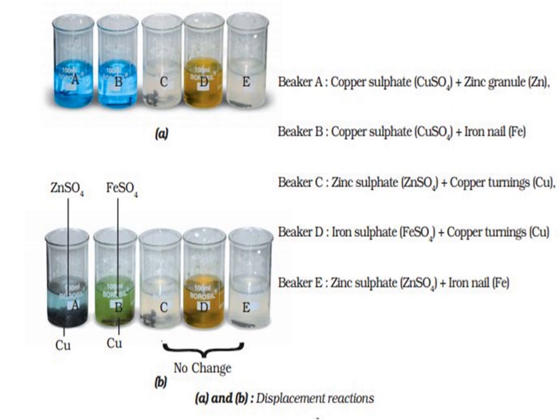In beaker C, we have taken zinc sulfate solution, and we have kept copper turnings in it, that is Cu. In beaker D, we have kept iron sulfate solution, that is FeSO4, plus copper turnings, that is Cu. And in the last beaker, we have kept zinc sulfate, ZnSO4, plus an iron nail, that is Fe.